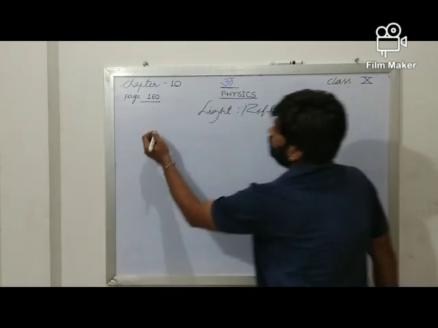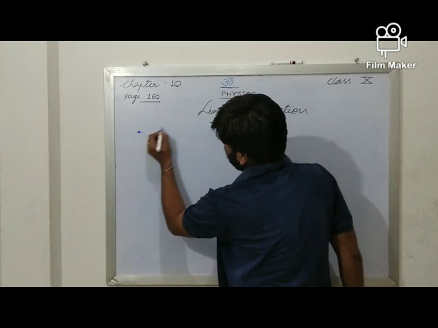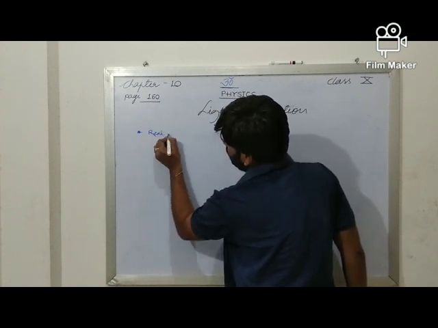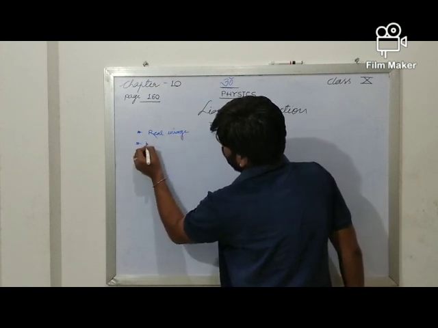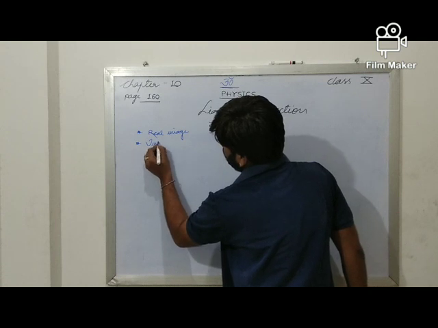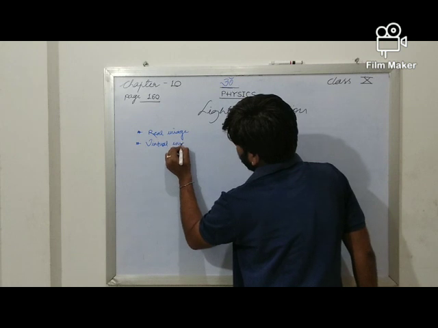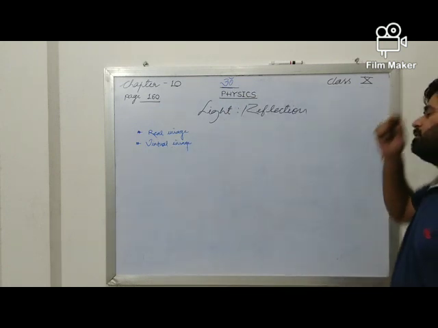Now let us move to a few basic terminologies. Like, the first one is, what is a real image? And what is a virtual image? Very basic. Now let us see what is a real image.